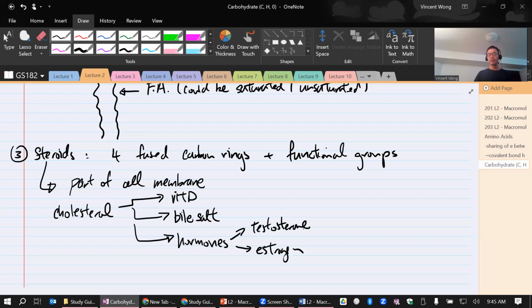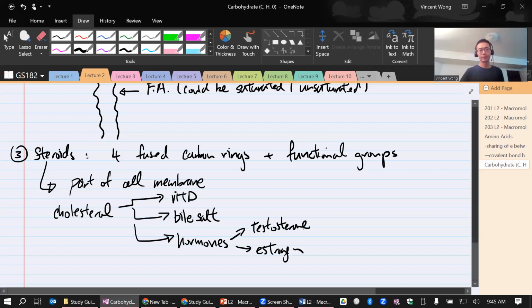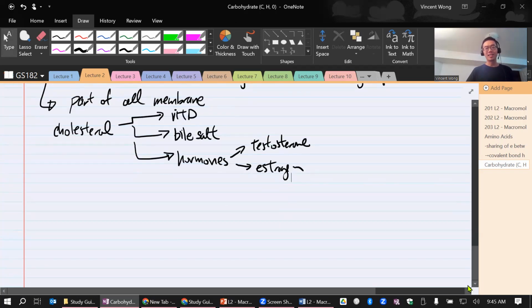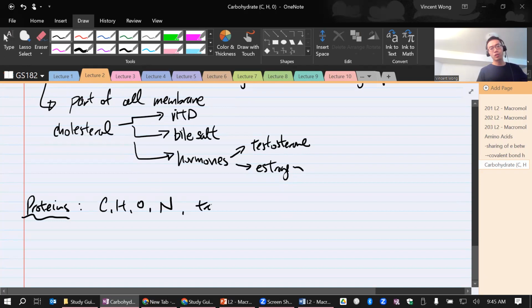That's it for lipids. I know, right? Like I always say, that's it, but then it's actually a lot of stuff. I do understand that. And proteins. Next one is proteins. Proteins has CHON and trace of what?